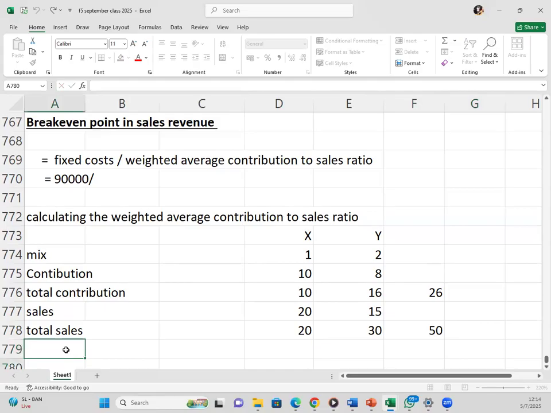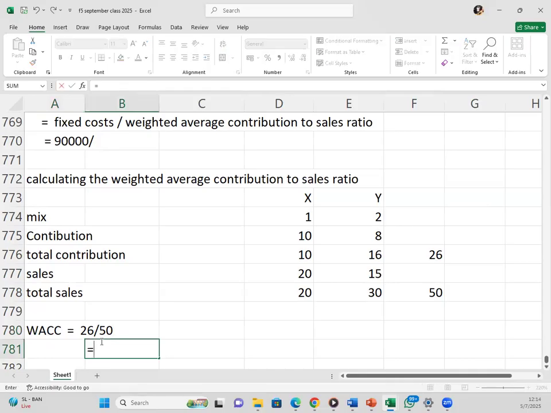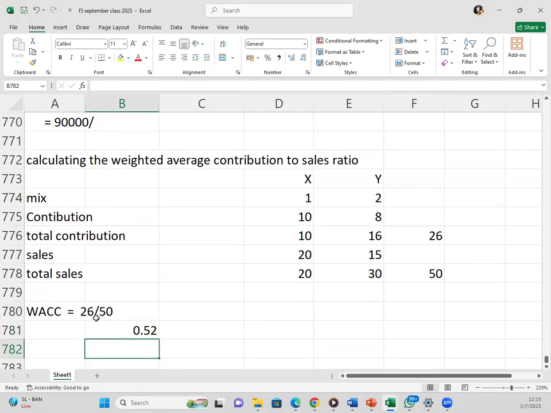Then after that, the weighted average contribution to sales is going to be the contribution 26 over the total sales 50. So our weighted average contribution to sales ratio is 26 over 50, which is 0.52.